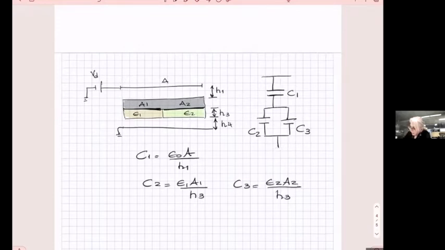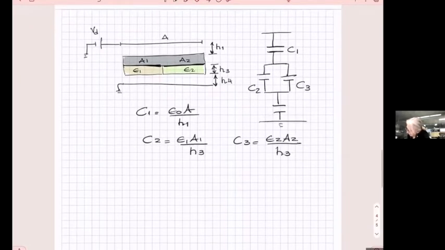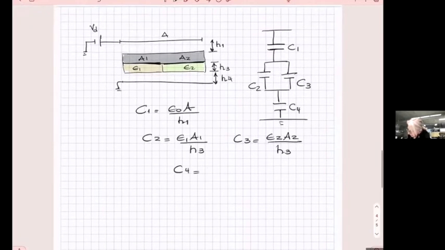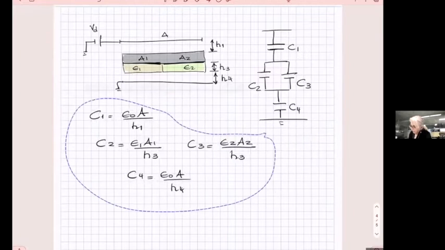And then we have C4. Okay, so C4 is epsilon naught A over H4. Do you see how I did this?